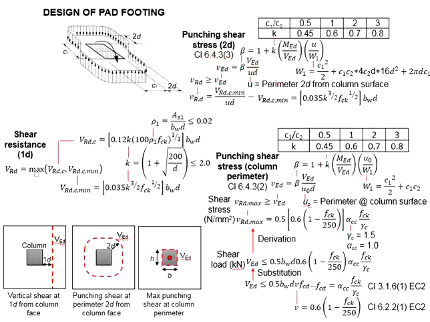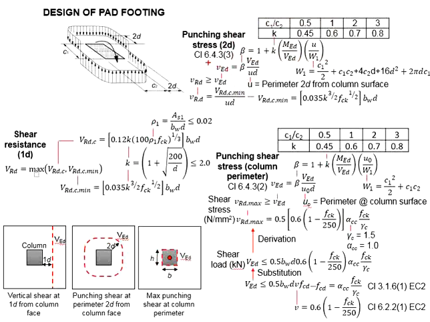And then in the case that there is moment acting onto the pad footing, this moment shall lead to alterations in terms of the distributions of the shear stress, leading to an increased shear stress acting onto the 2d perimeter plane. As a result, this shall be reflected in the factor beta here.